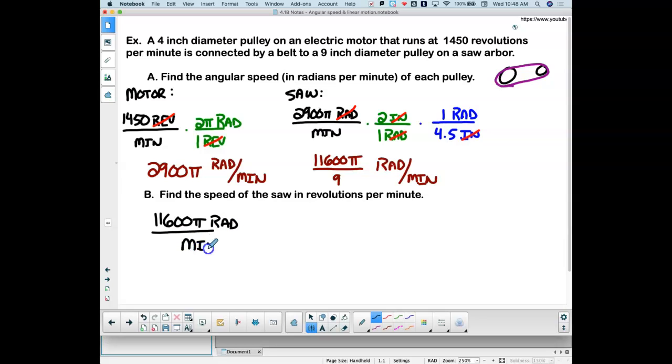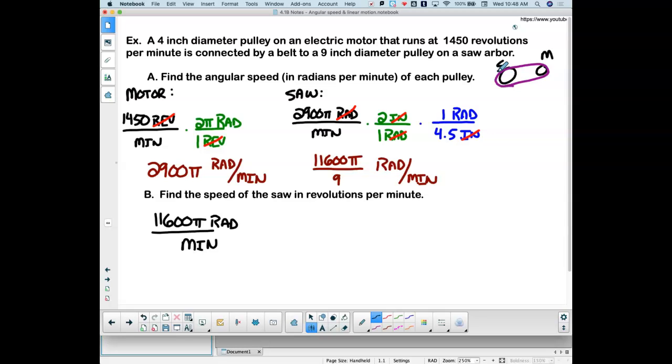Can you explain this saw one? What do you need to explain? Do you agree that on my diagram up there, the motor is the right one, because it's got the smaller one? So this is my motor, this is my saw. What's connecting them? The belt.